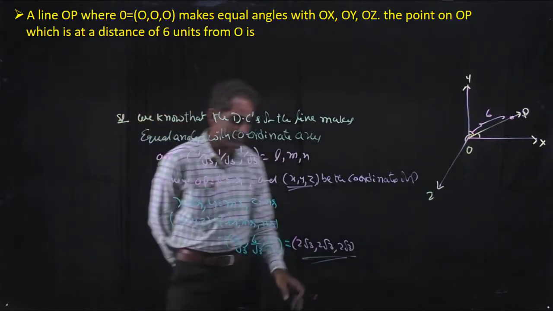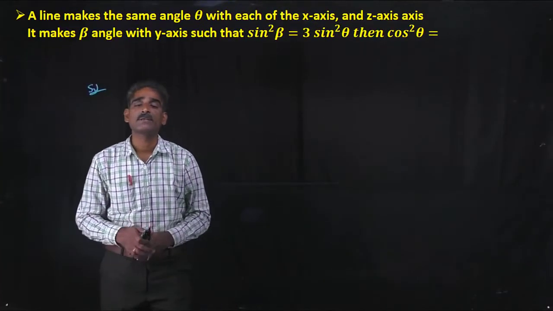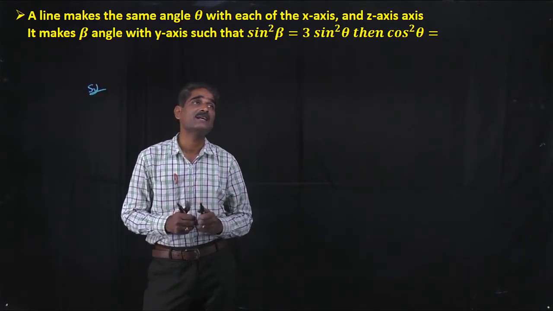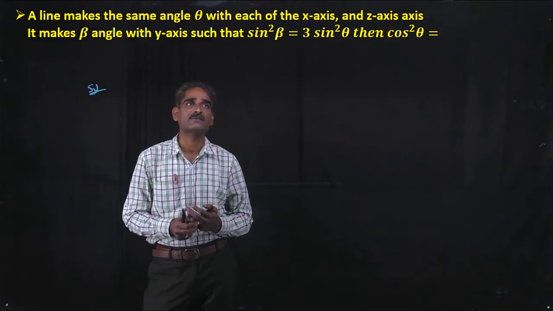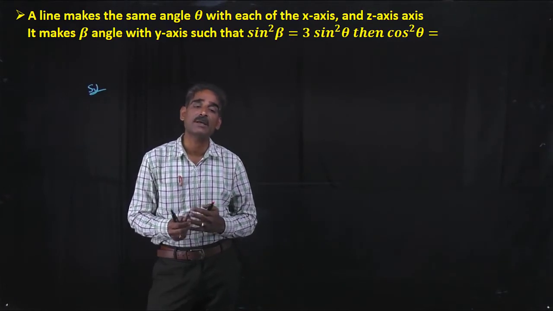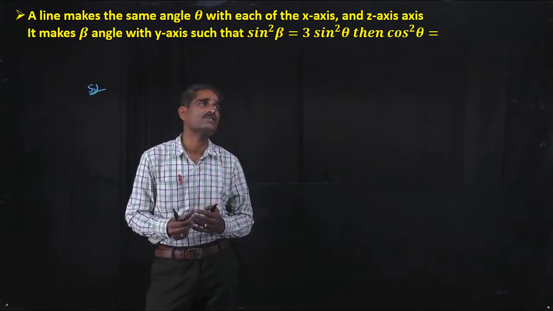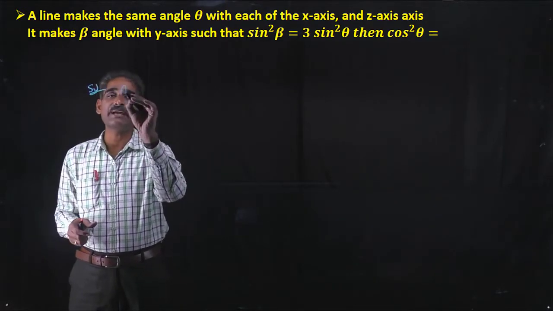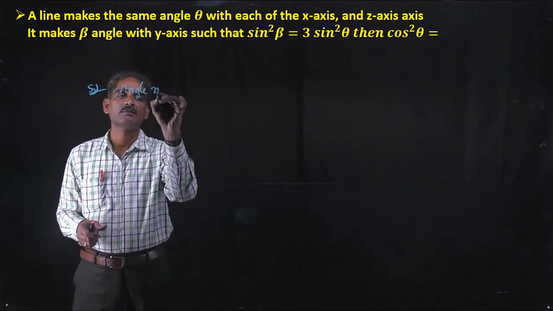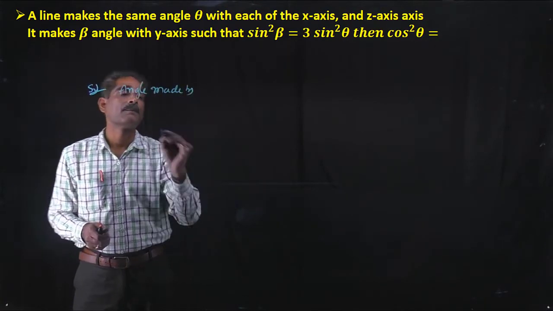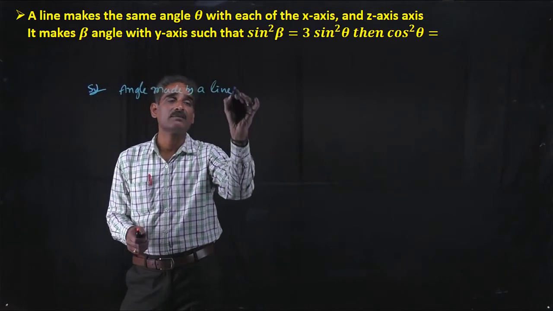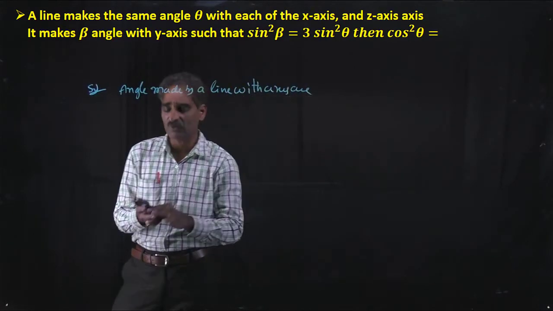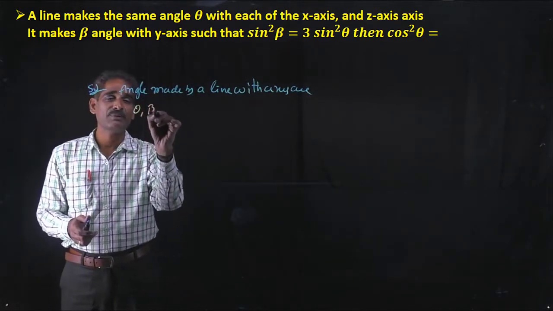Okay, right. See this problem. A line makes an angle theta with the x-axis and z-axis and beta with the y-axis. And also given that sin square beta equal to 3 sin square theta, find cos square theta. So here the angles made by a line with the axes are theta, beta and theta.